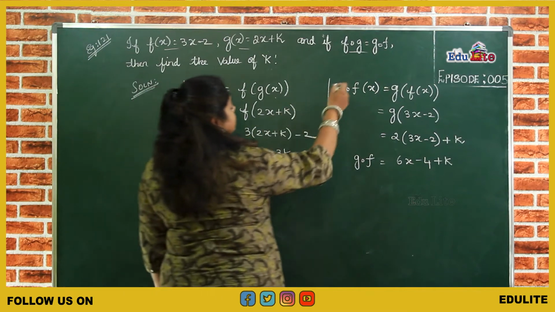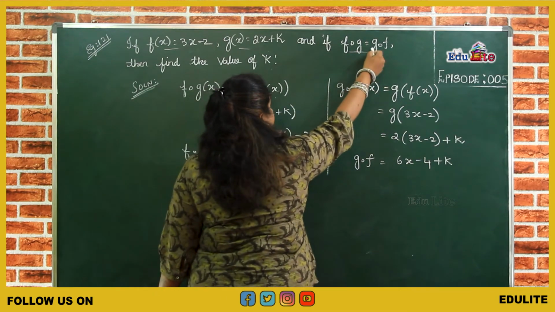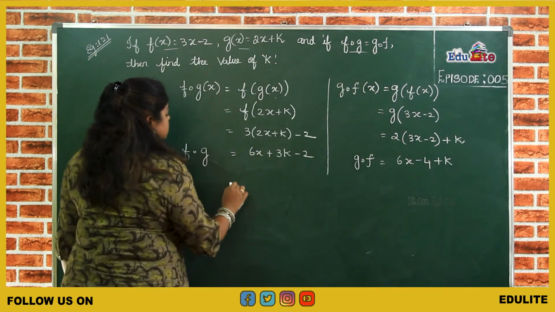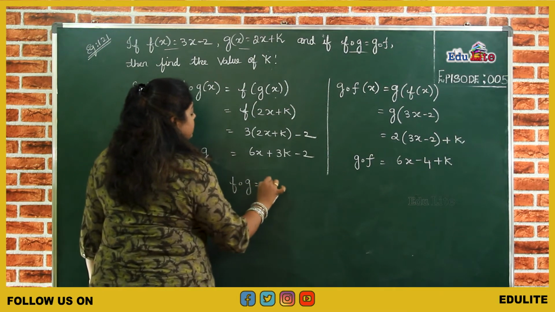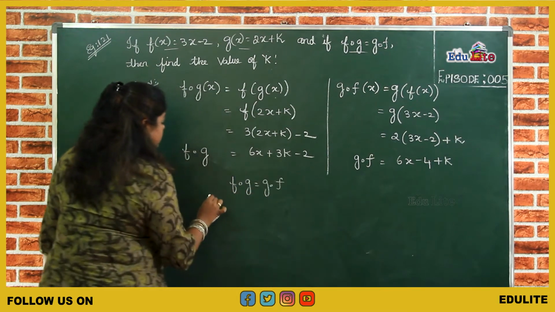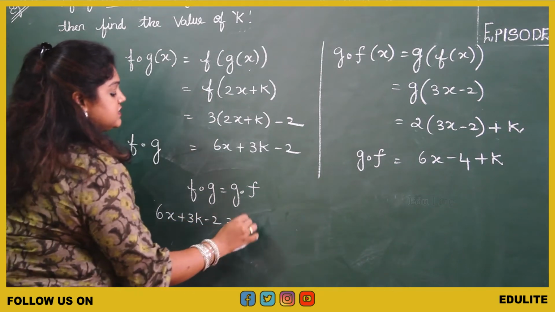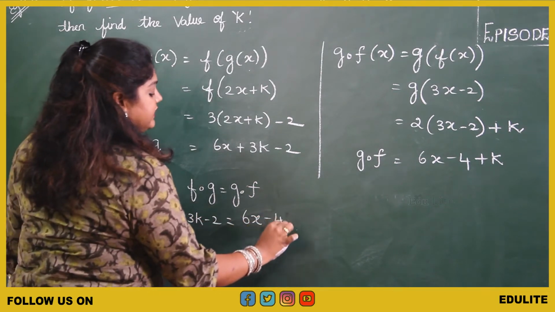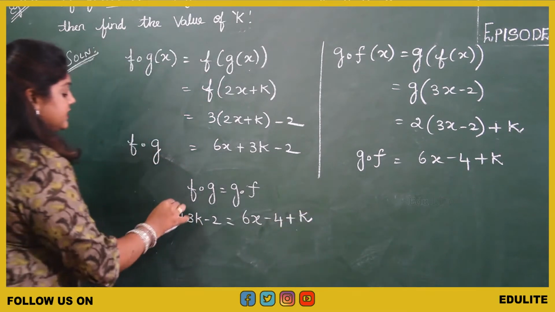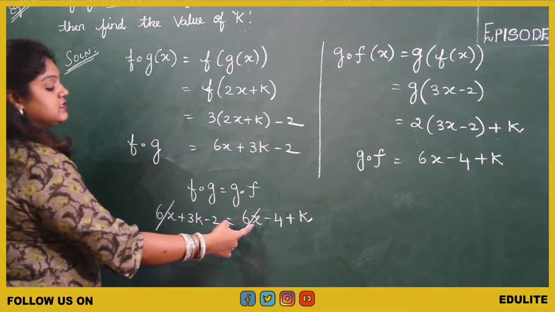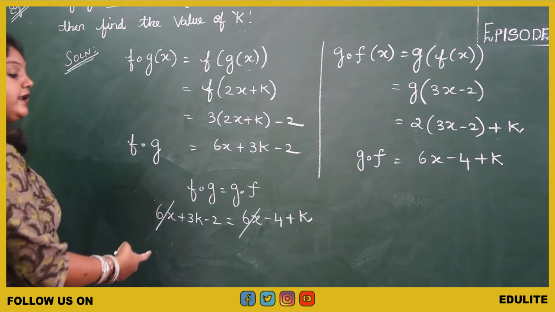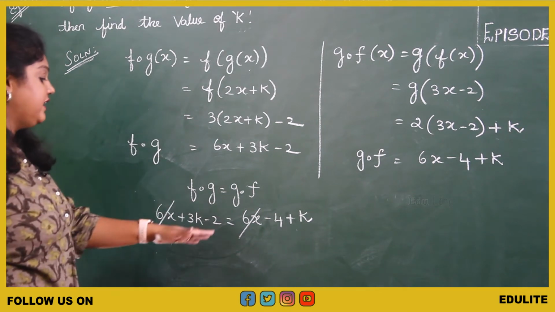So according to the given question, f composite g is equal to g composite f. So 6x plus 3k minus 2 is equal to 6x minus 4 plus k. 6x will get cancelled, because if we bring the 6x to the other side, it will become minus 6x. So we directly cancelled it.